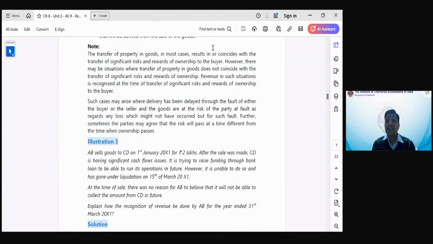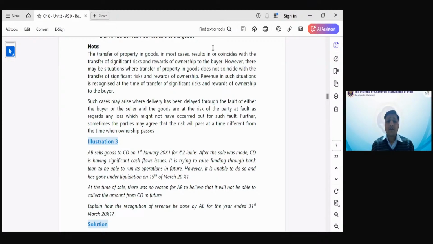It is trying to raise funding through a bank for its operations. However, it is unable to do so and has gone into liquidation on 15th of March X1. So it appears to be very much on similar lines to the scenario I tried to discuss with you. Okay, great.